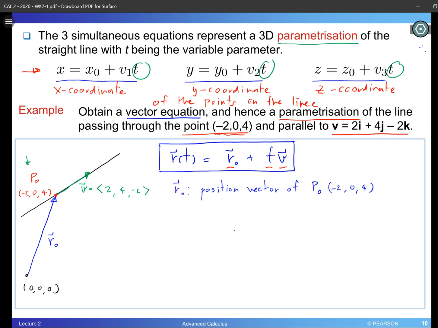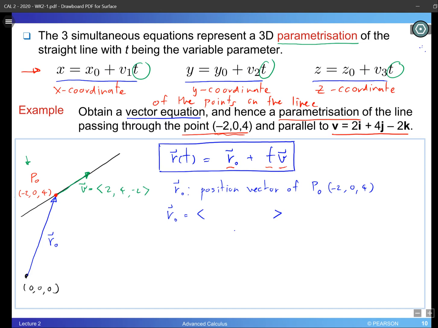Now we are going to try to find the components of this r0. Now that we know the initial point and we know the terminal point, of course we can use the coordinates to find the components of this vector.